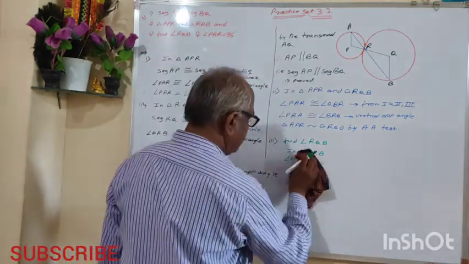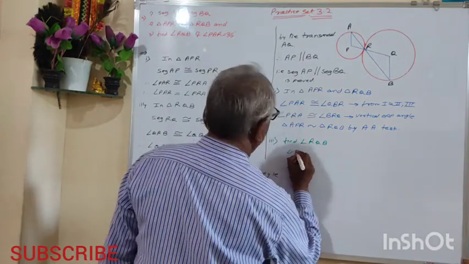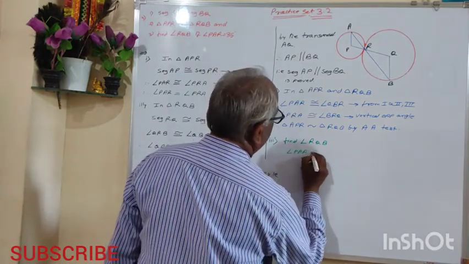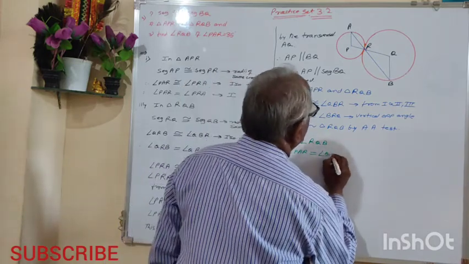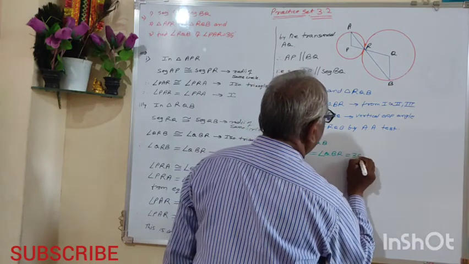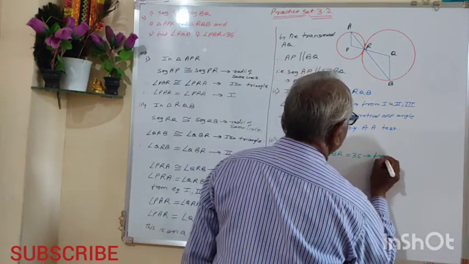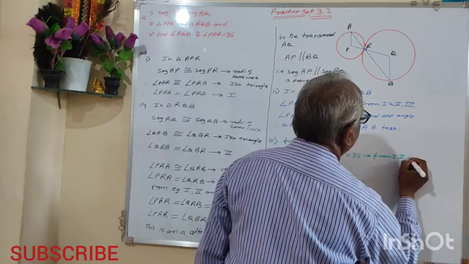Now here angle PAR is equal to angle QBR, that is equal to 35 degrees from 1, 2 and 3.